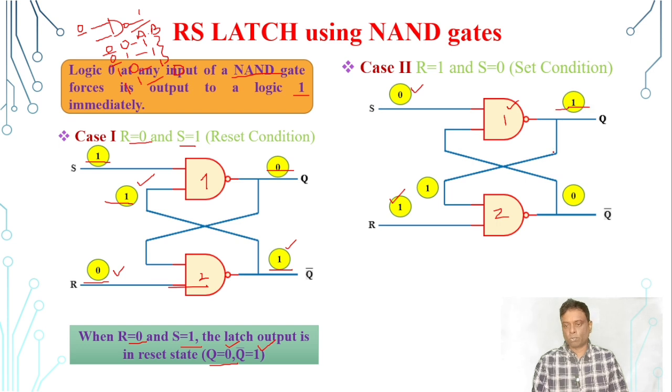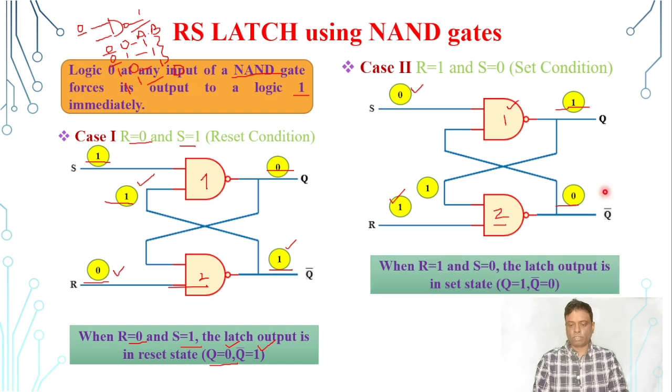Then this 1 is connected over here. NAND gate 2 accepts the two inputs as 1 and 1, so the output will be 0. So when R equal to 1 and S equal to 0, the latch output is in the set state. Set state means Q equal to 1.